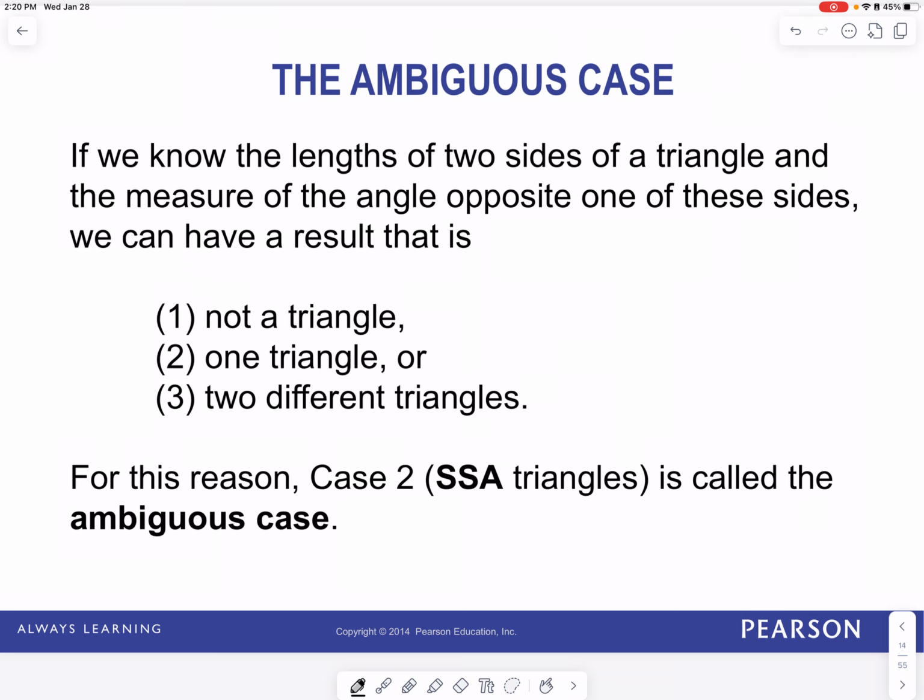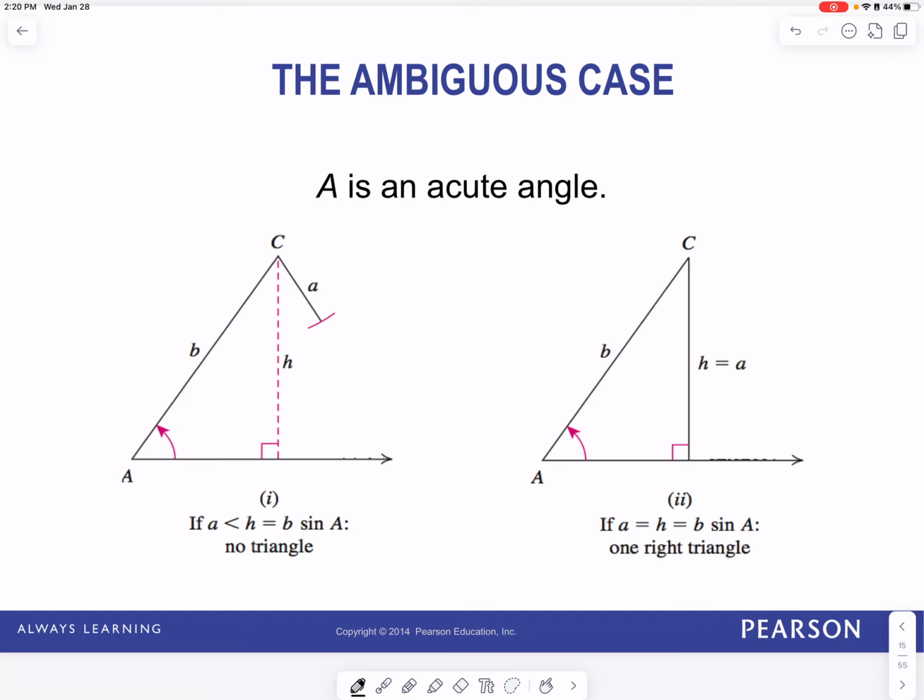Once you identify that, then you have to figure out how. The first task when we were working this ambiguous case, we had to identify how many potential triangles we could be working with here. We still have our triangle ABC, with A here, C here, and B left open.